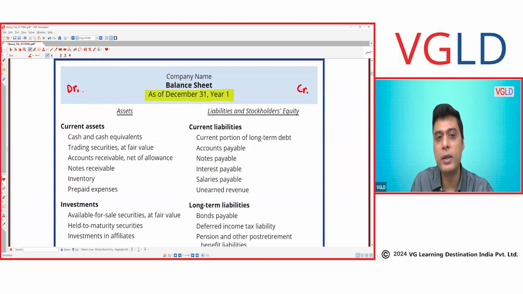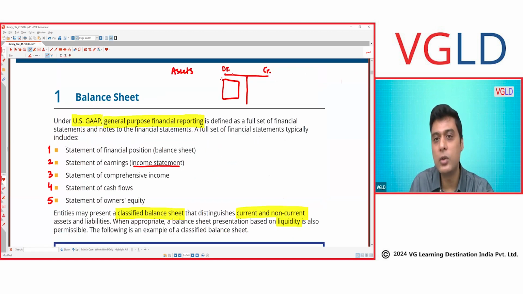Assets have a natural debit balance, so they are written on the left side, and liabilities and stockholders' equity have a natural credit balance, and so they are written on the right side. Makes more sense, isn't it? Assets have a debit balance, so they are written on the left because in the T account also, debit is always on the left.